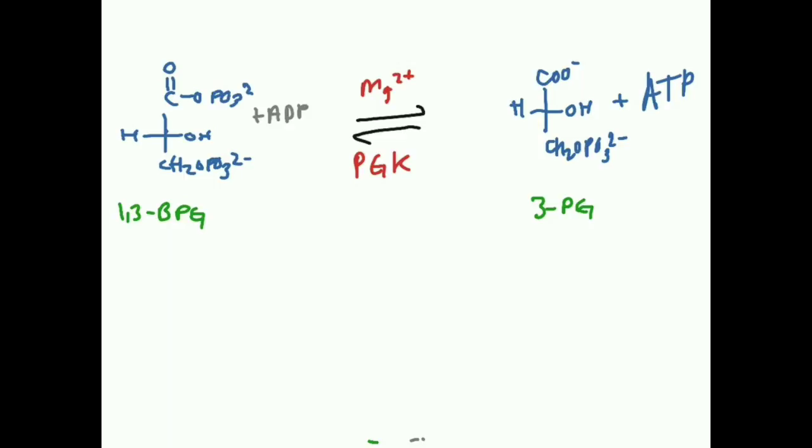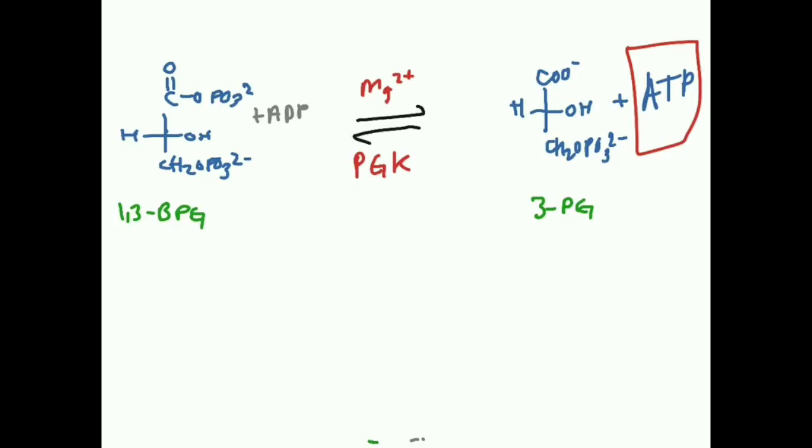It uses magnesium 2+ and ADP, and it goes from 1,3-bisphosphoglycerate to 3-phosphoglycerate, and it creates your ATP. So that's one of the 2 ATPs created in this second half of glycolysis.